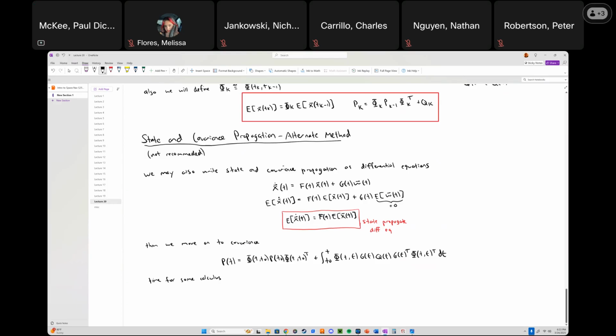Okay, so you might be thinking, okay, we're about to take a derivative. Surely this integral is just going to neatly cancel out. No. Okay, so bear with me here. The derivative, so we're going to say p dot of t is equal to, okay, we find ourselves in a first times derivative of second plus second times derivative of first and all that. So this is going to be phi dot from t naught to t, p of t naught, phi t naught to t transpose, plus the p dot t naught term is not going anywhere.